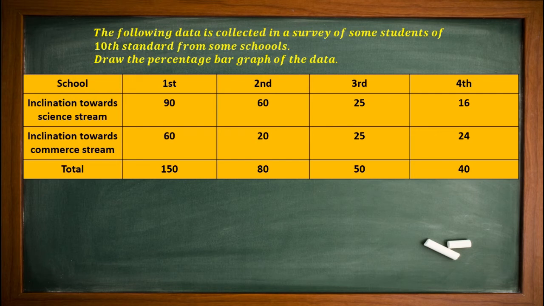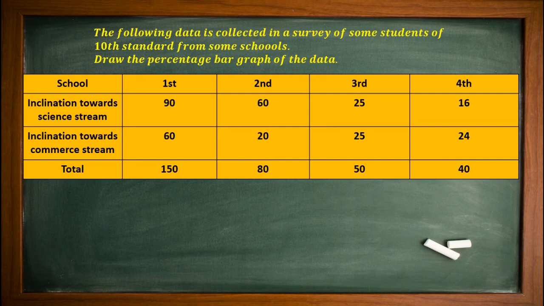Inclination towards science stream is 90%, then 60%, then 25%, then 60%. So inclination towards commerce stream is 60%, then 20%, then 25%, then 24%.